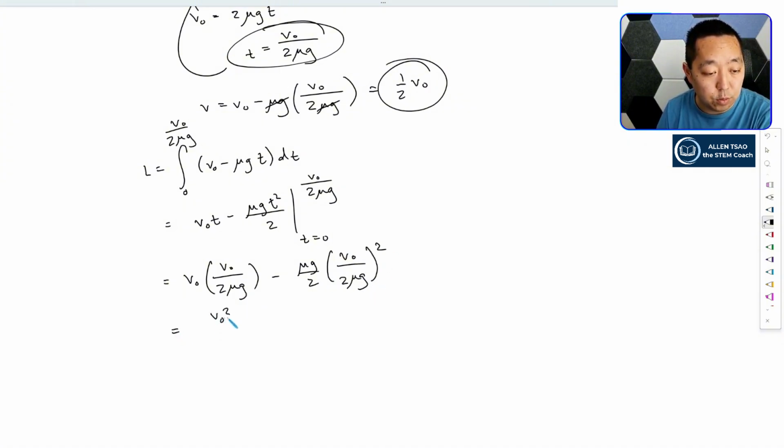So this is v naught squared over 2μg. It's going to be minus, let's see, 1/4, 1/8, and then one of the μg's will cancel. So then you get v naught squared over μg. So 1/2 minus 1/8 is 3/8 v naught squared over μg.